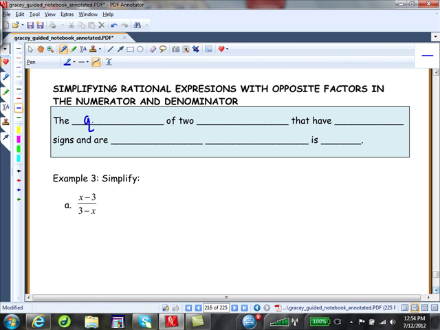The quotient of two polynomials that have opposite signs and are additive inverses is -1.